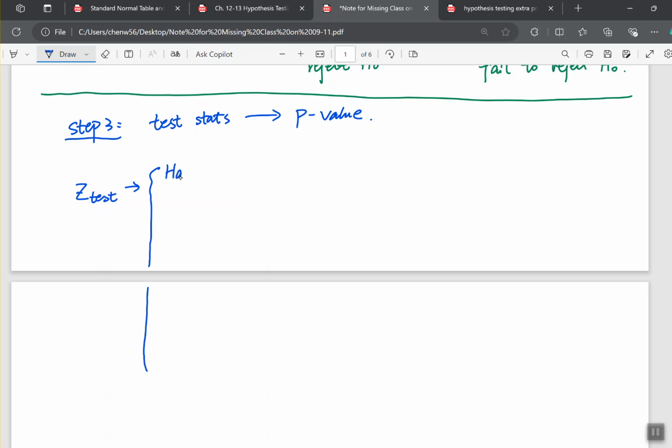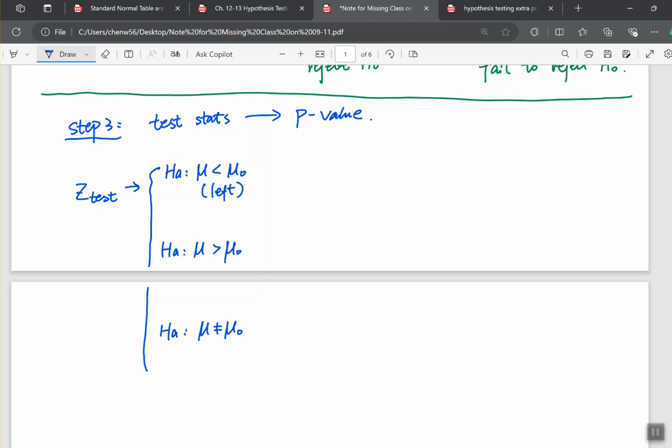So now it's time for us to look at the alternative hypothesis, which is mu less than mu 0, or mu greater than mu 0, or mu not equal to mu 0. The way to find the p-value depends on the different cases. For the first case, this is the left tail hypothesis.